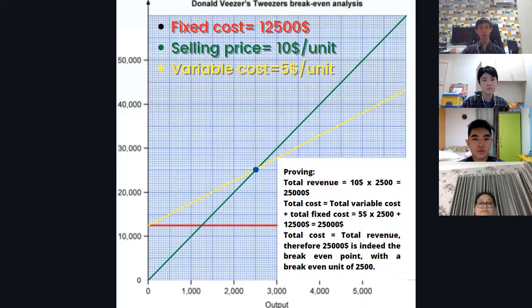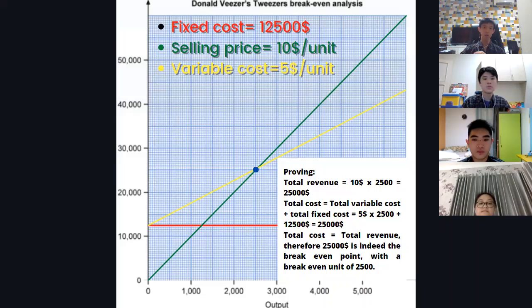Now, for the total cost, we can find it by adding total variable cost with total fixed cost. We can find the total variable cost by multiplying $5, which is the variable cost, with 2,500, which is the output, and we add it to $12,500, which is the total fixed cost. From adding total variable cost and total fixed cost, we get $25,000.